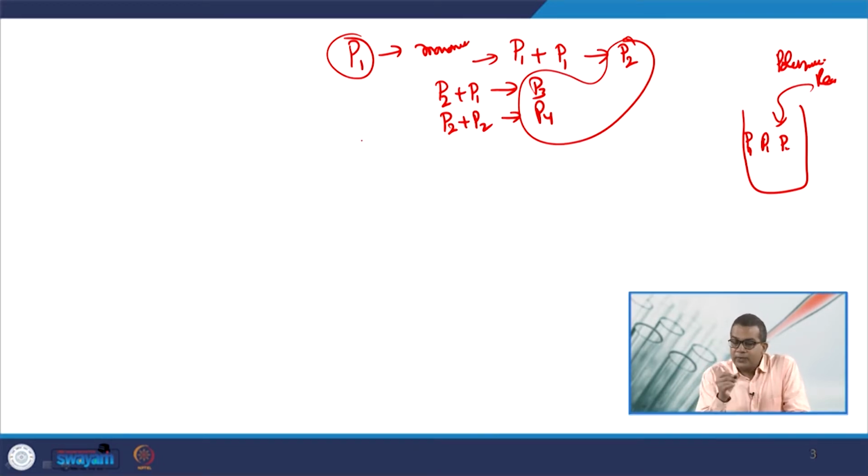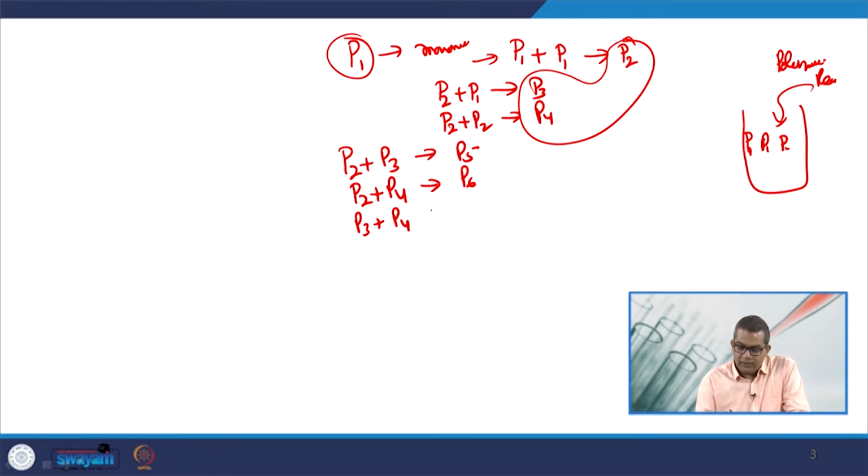If you proceed further, then P2 may get combined with P3 to give you P5. Similarly, P2 may combine with P4, which was developed earlier, to give P6. Similarly, P3 may have a chance to combine with P4 to give you P7. Similarly, P3 may combine on its own to give you P6.